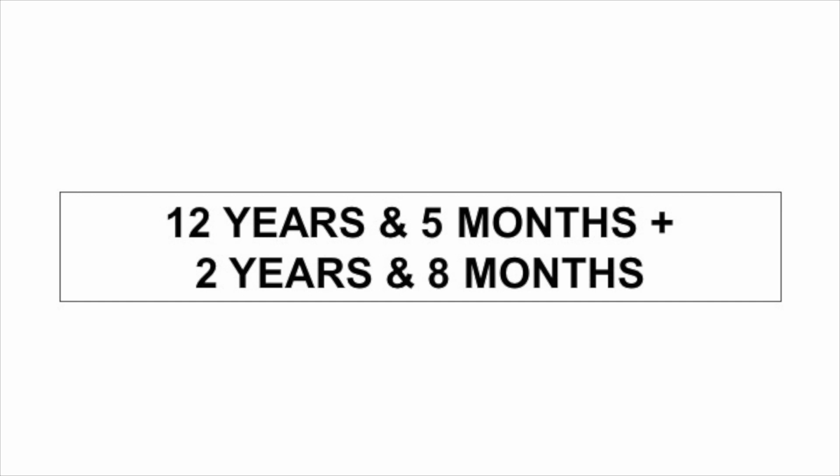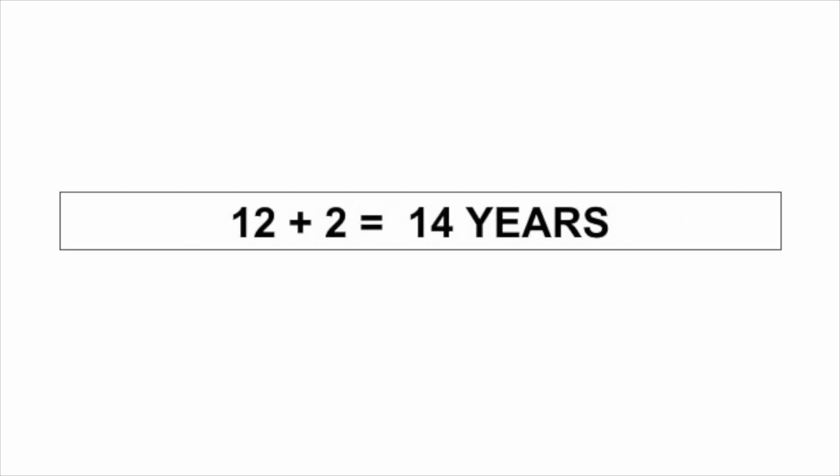12 years and 5 months plus 2 years and 8 months. Okay, so the years, what's 12 years plus 2 years? 14 years, okay? But then we have to think about 5 months and 8 months. But let's do the years first. You see, 12 plus 2 equals 14 years.